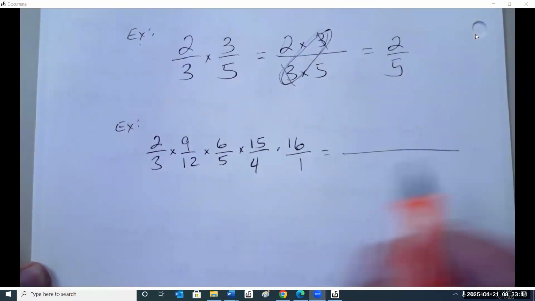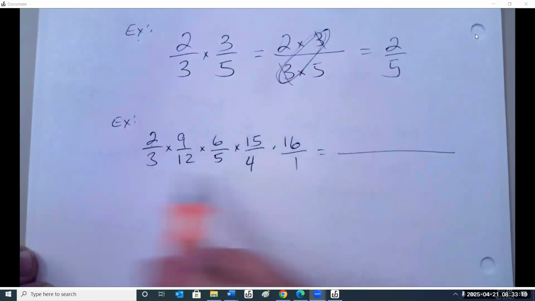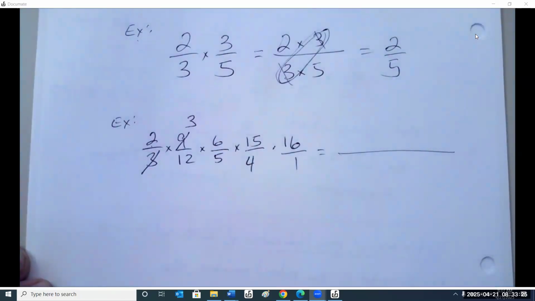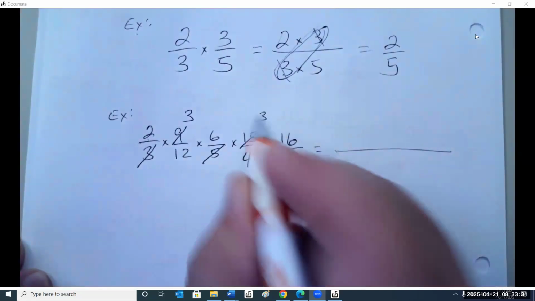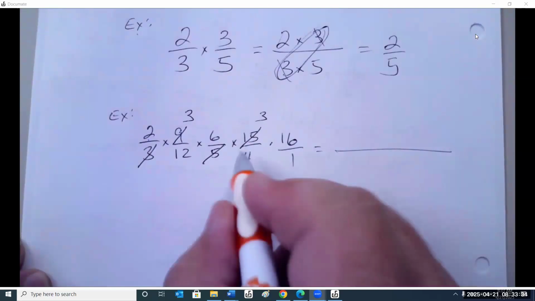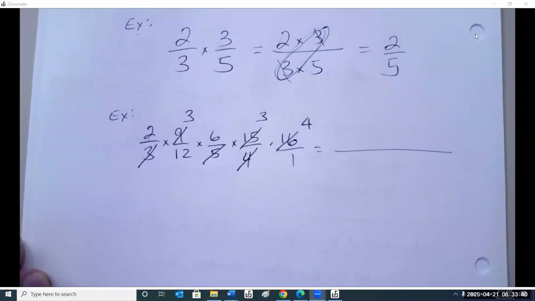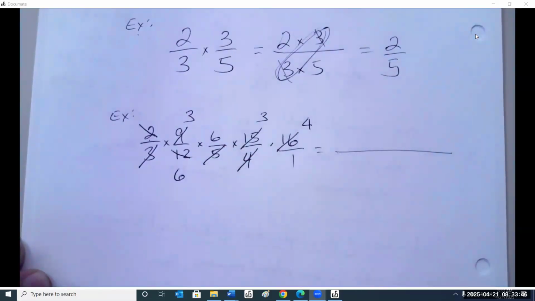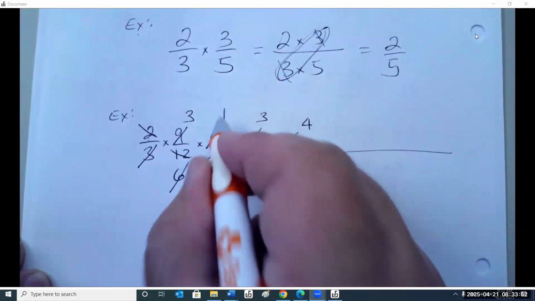If you multiply, can anything on top cancel with anything on the bottom? Yeah. 3 goes into 9 3 times. 5 goes into 15 3 times. 4 goes into 16 4 times. 2 goes into 12 6 times. 6 goes into 6 1 time.